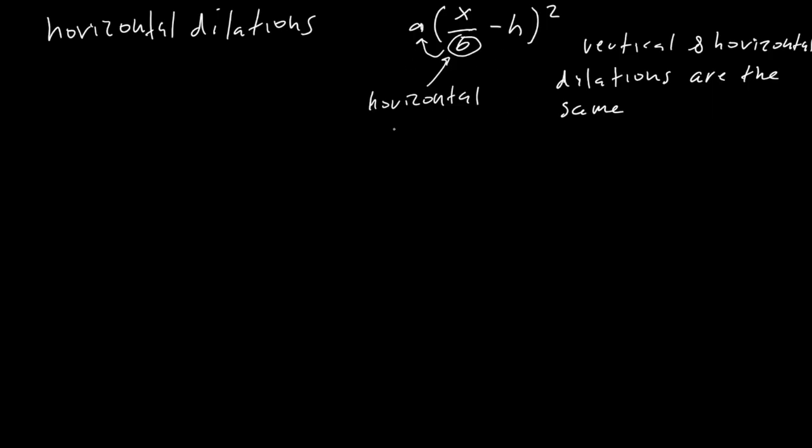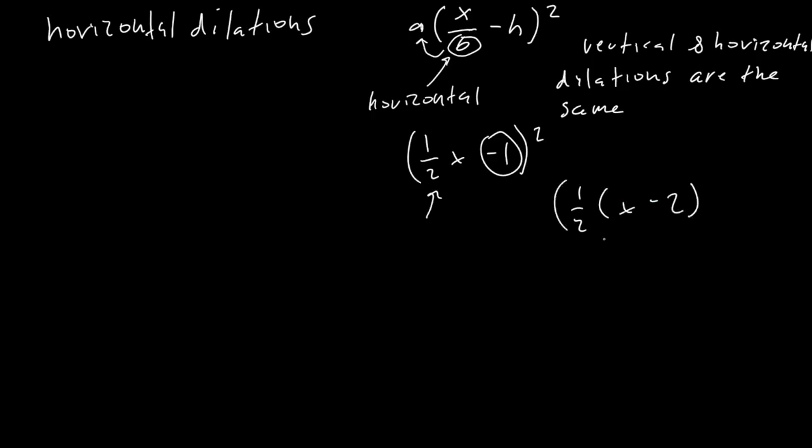Because as you can see, if you have x over 2, or usually you'd say 1/2 times (x minus 1) squared, this actually doesn't mean that you move right 1, because there's a 1/2 here. You would have to multiply this out. So you'd do 1/2 times (x minus 2), all squared.